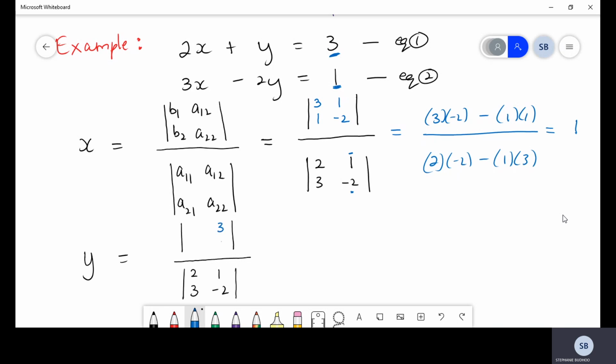Sorry, not your y values. What am I saying? You want to replace your column 2 with those values on your right-hand side that the question has given us, 3 and 1. So if you're finding x, you write it on your left. If you're finding y, you write it on your right-hand side.